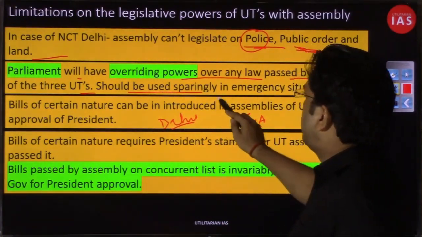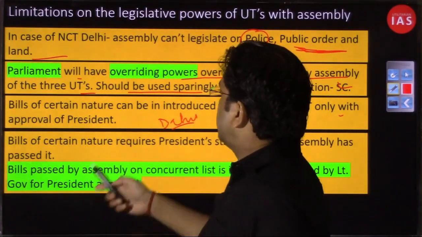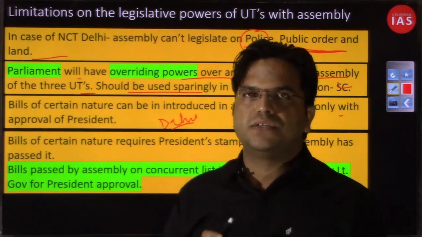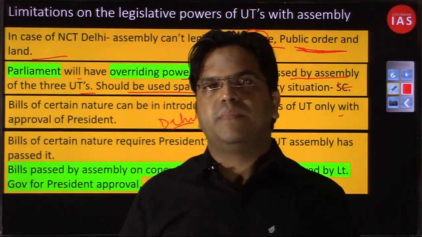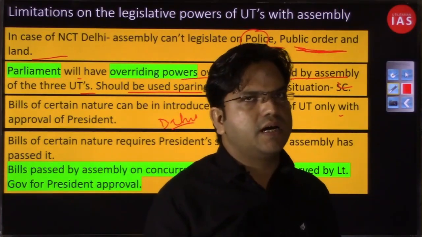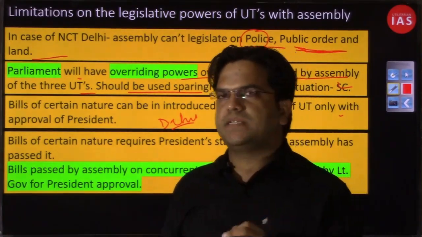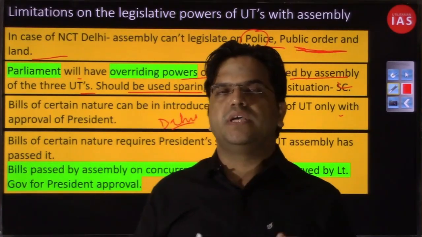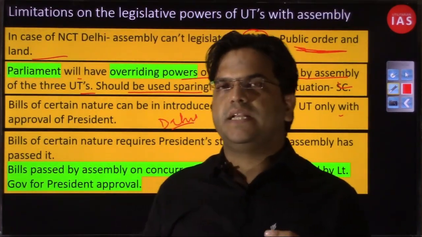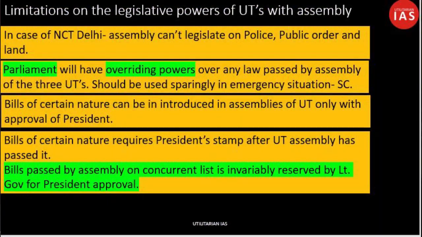However, the Supreme Court in various judgments has said that this kind of overriding power should be used sparingly. If the Assembly of Puducherry or Jammu and Kashmir or NCT of Delhi has chosen to legislate on a matter mentioned in List 2, then Parliament should, to the possible extent, attempt not to pass any legislation on that matter. So that power of overriding should be used only sparingly.